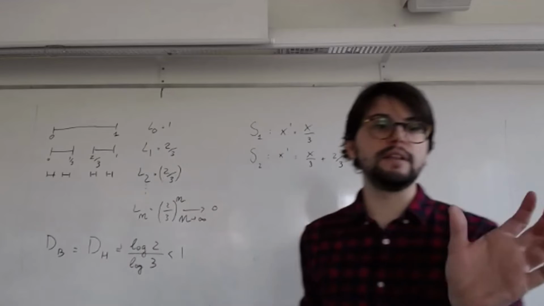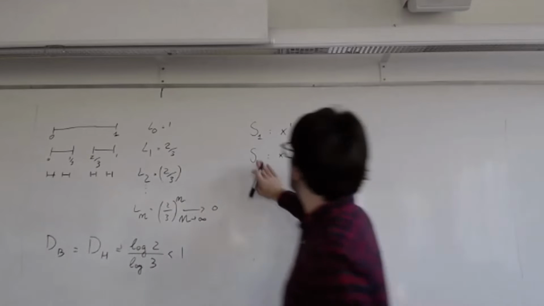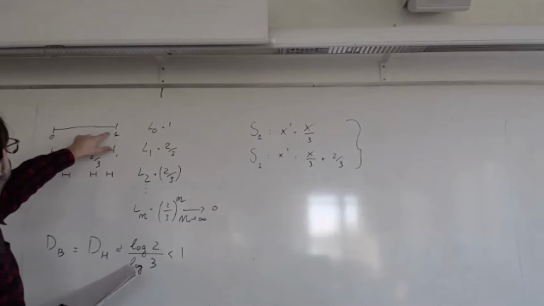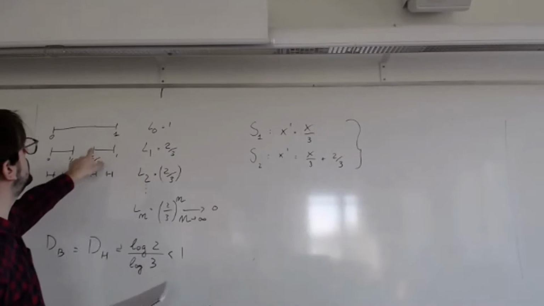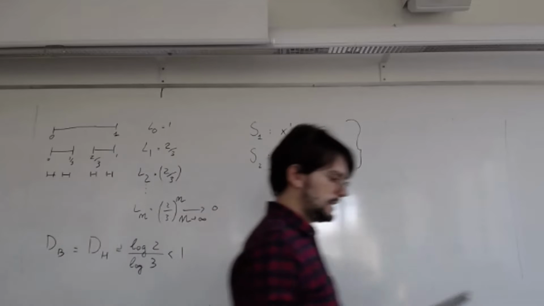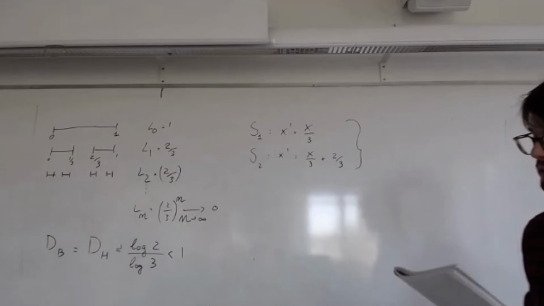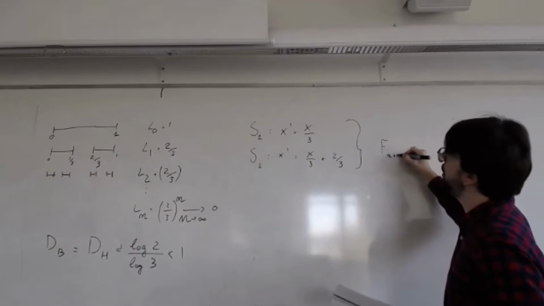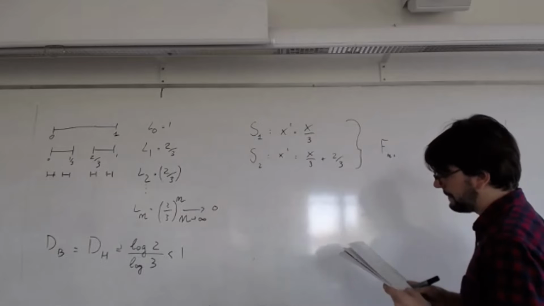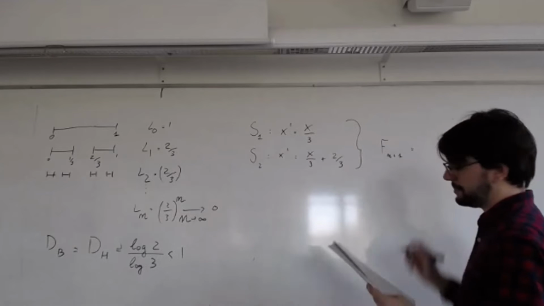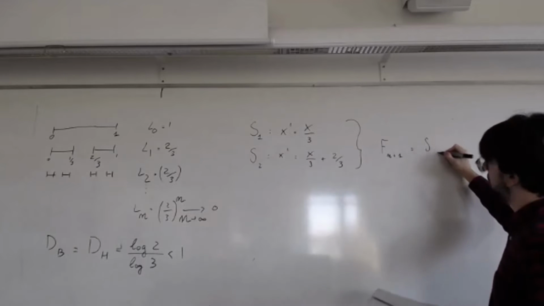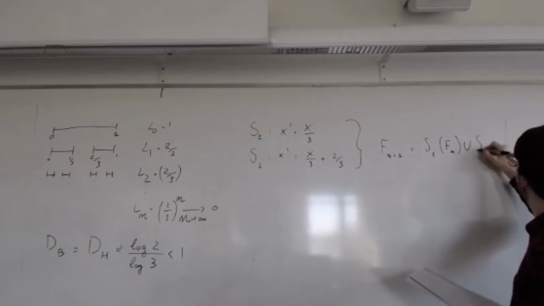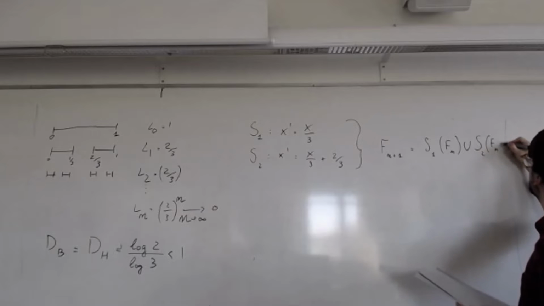So I have this piecewise definition where, depending on your x, I can either map it to this interval here or to this interval here. Okay? So given a given x, I can map it to these 2 paths. And then the map is given by the union of these 2 possible maps. So the map for n plus 1 is given by S1 for the map in n, union S2 for the map at the iteration n.